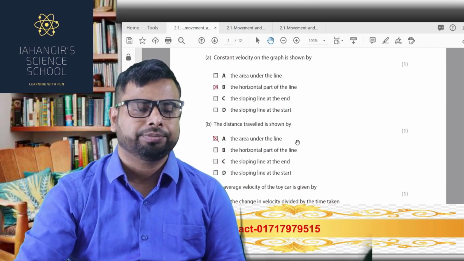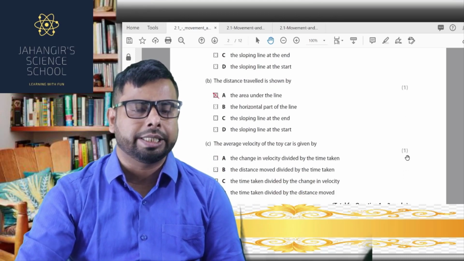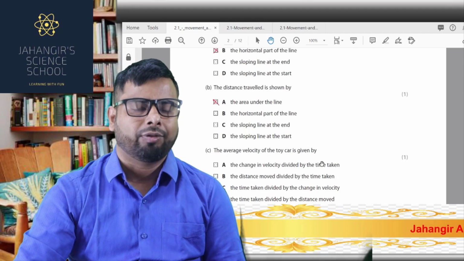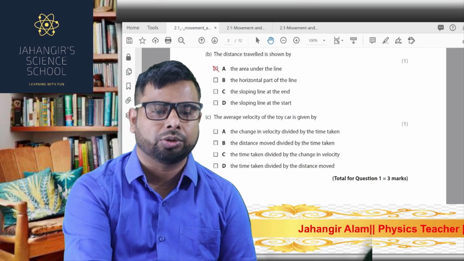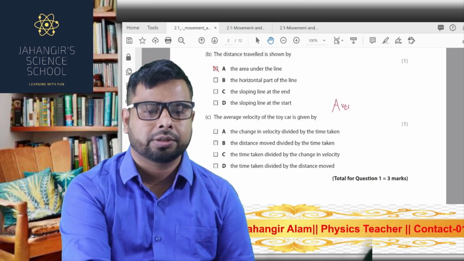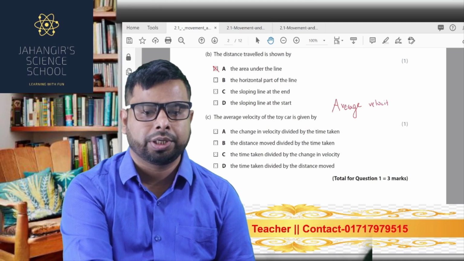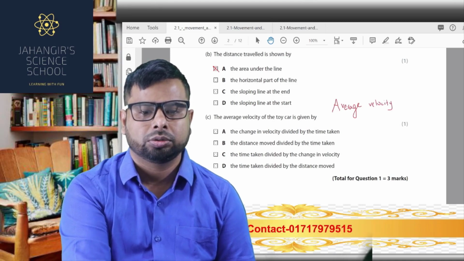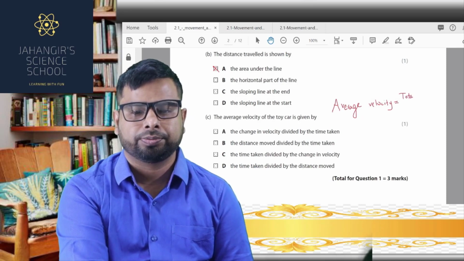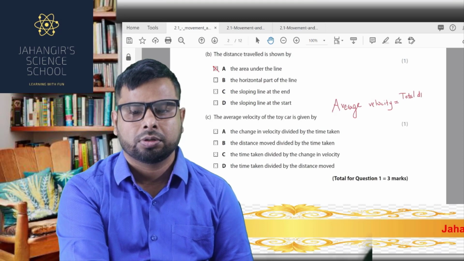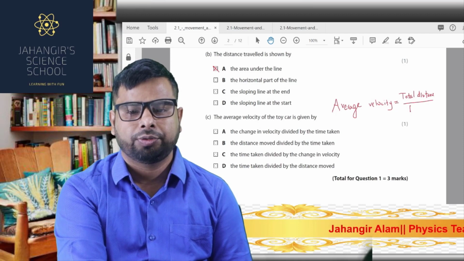Question number 3. Look at question number 3. The average velocity of the toy car is given. We know average velocity, or average speed, equals total distance moved divided by total time.